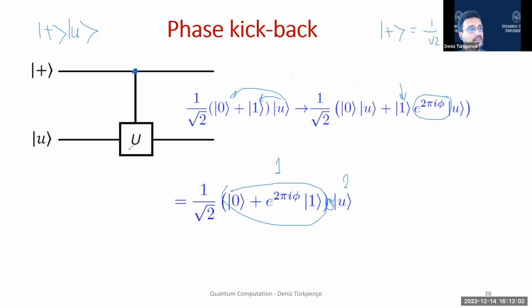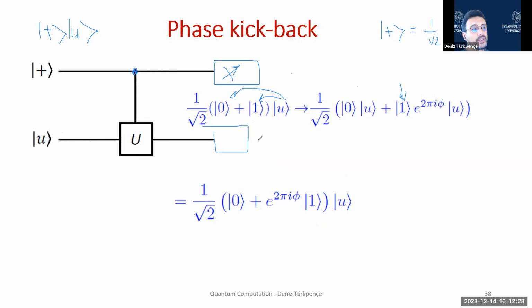This means that by this operation, a phase factor is being extracted, and this phase factor information is sent to the first qubit, which means that by measuring this first qubit, you can probe this information from the second qubit. And you can still continue implementing unitary gates on the second qubit because you didn't implement any measurement operator.